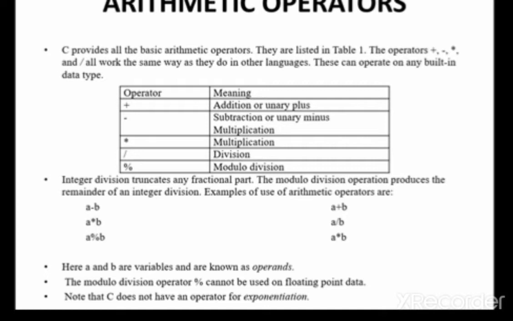For now, you see the examples. Now A minus B, A plus B, A into B, A divided by B, A modulus B. Here A and B are variables and are known as operands.